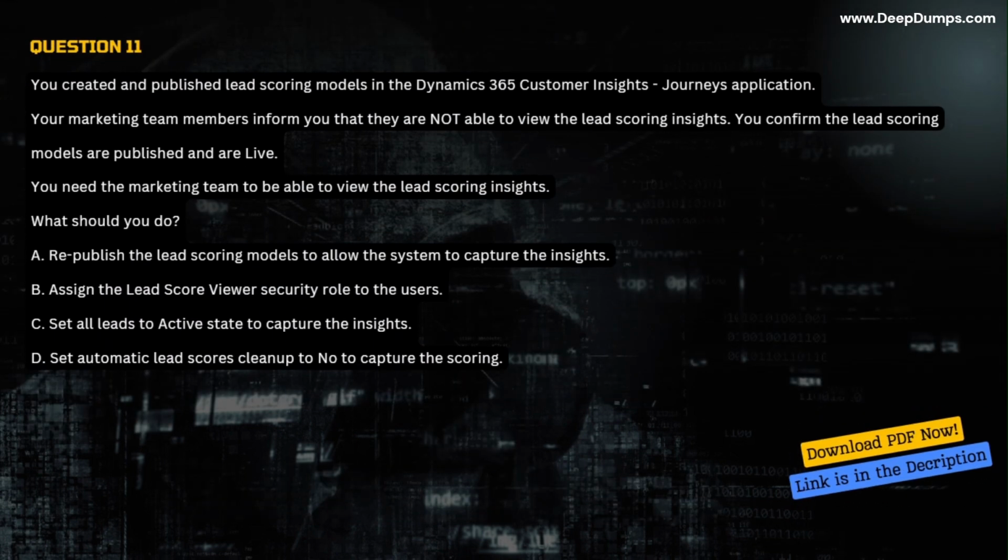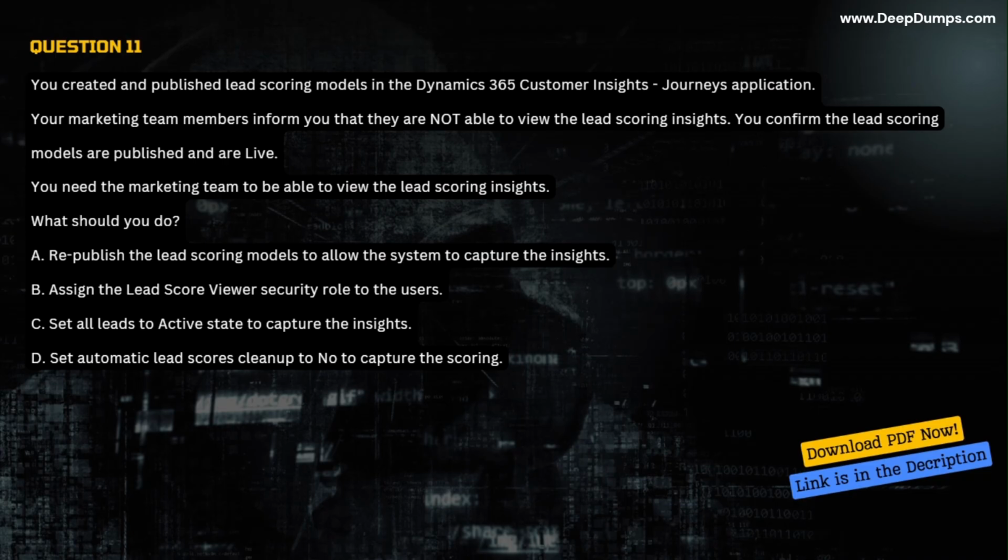Question 11. You created and published lead scoring models in the Dynamics 365 Customer Insights Journeys application. Your marketing team members inform you that they are not able to view the lead scoring insights. You confirm the lead scoring models are published and are live. You need the marketing team to be able to view the lead scoring insights.